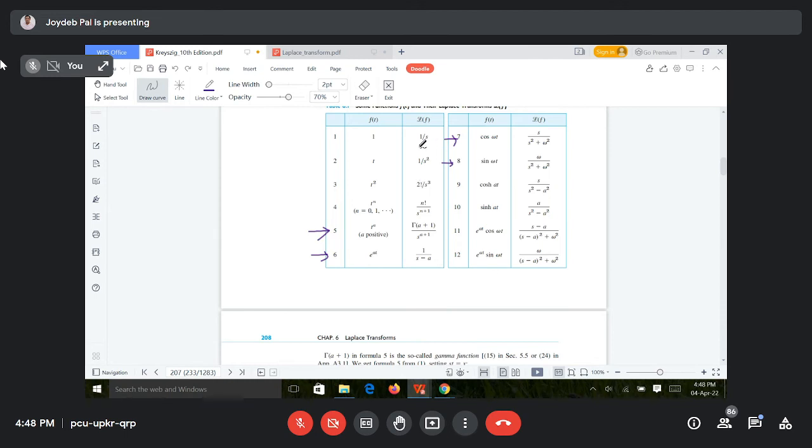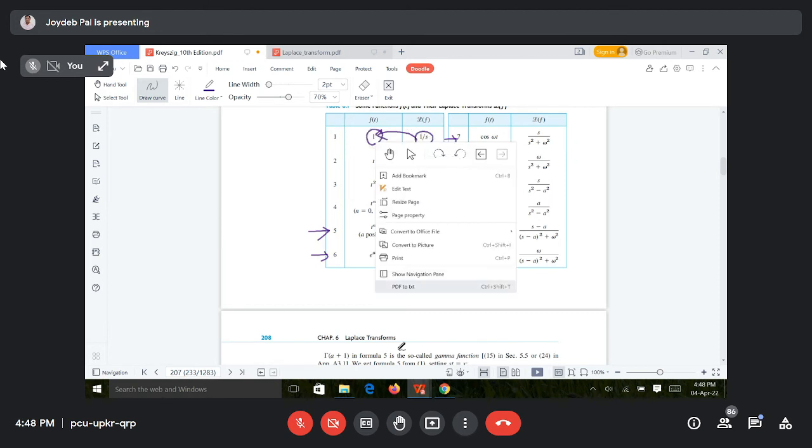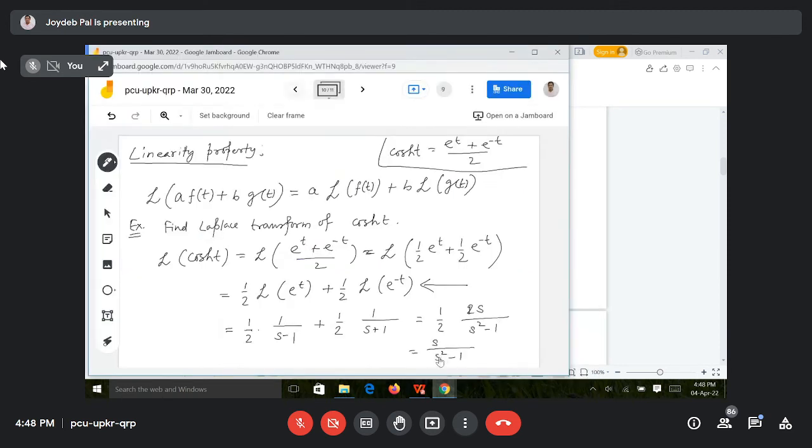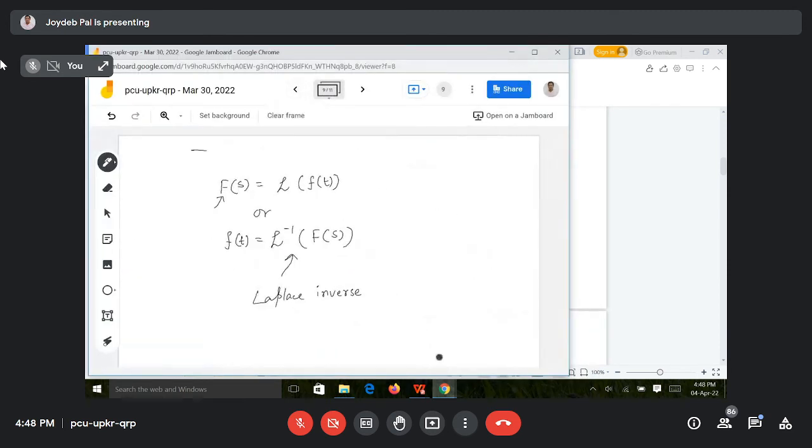So in that case, if the function of s is 1 by s, its Laplace inverse is 1. Laplace transform of 1 is 1 by s, then Laplace inverse of 1 by s will be 1, vice versa. I have shown in the Jamboard that if F(s) is equal to Laplace transform of f(t), then f(t) is equal to Laplace inverse of F(s).